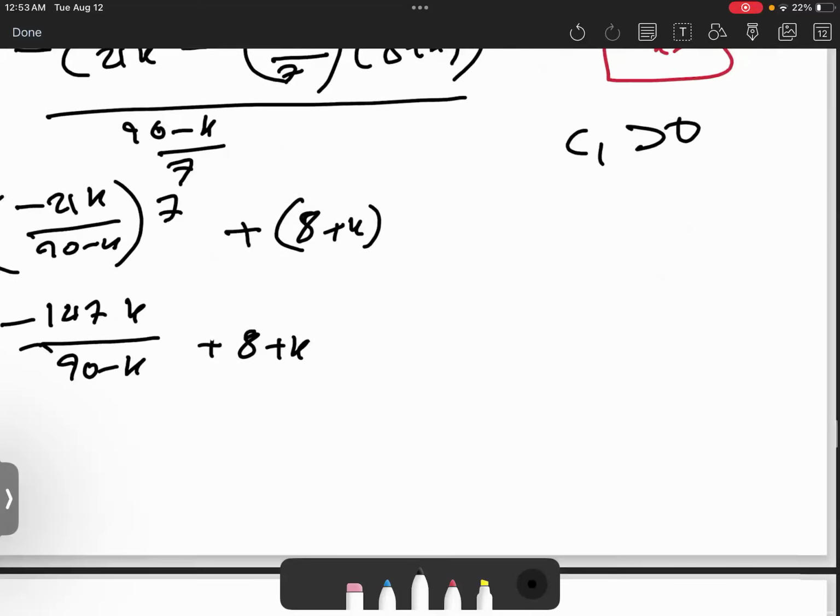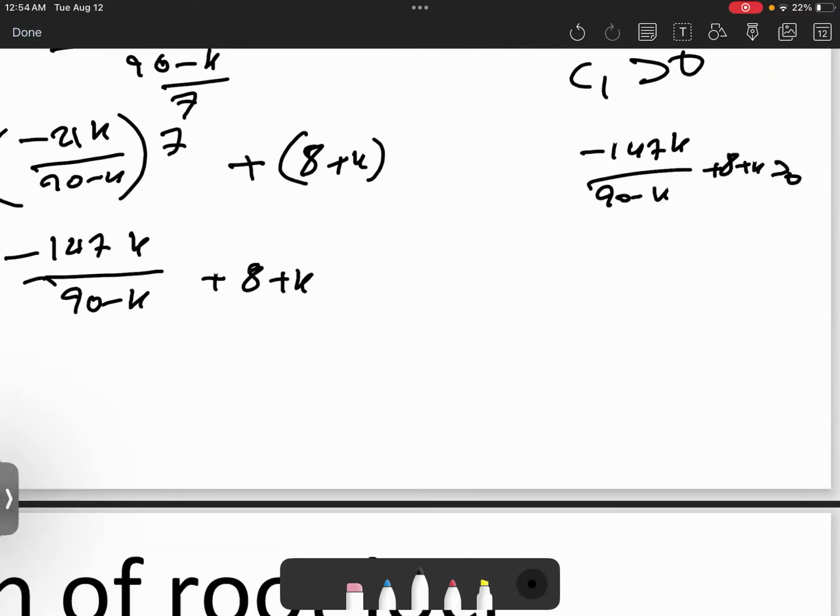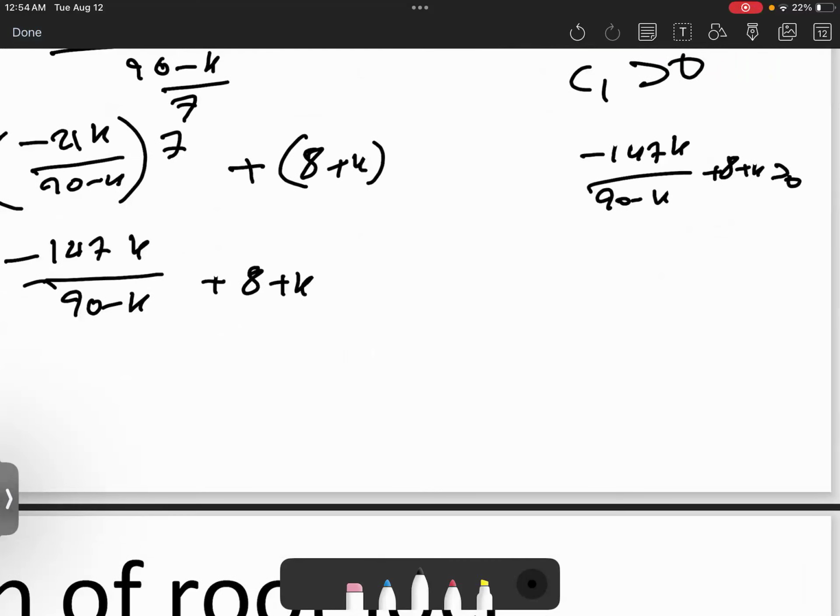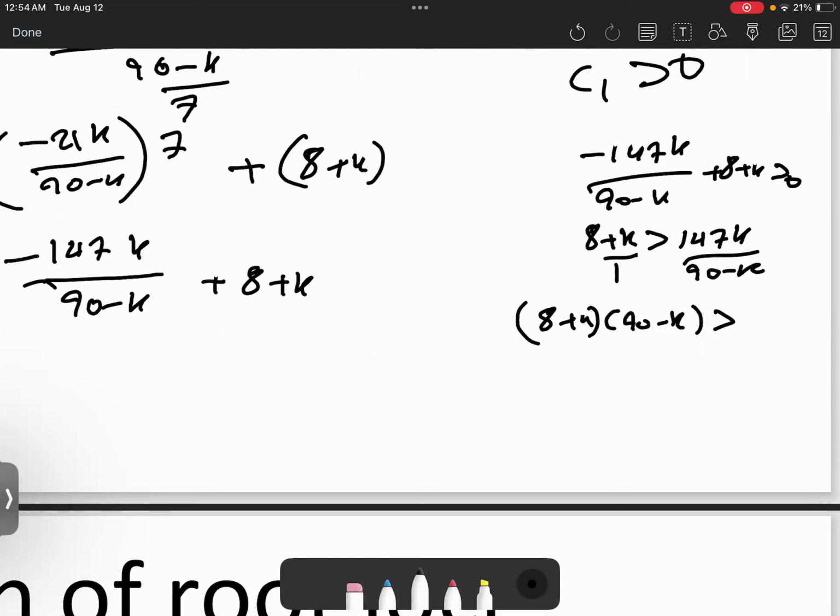Then let's try to solve it. Move it to the other side. This part, it will be 8 plus k larger than 147k divided by 90 minus k. Then do the cross multiplication. This yields 8 plus k times 90 minus k must be larger than 147k.